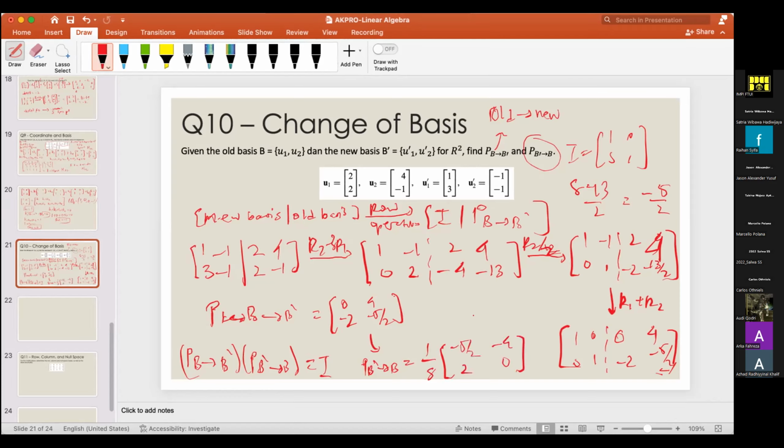This is the adjoint matrix. For 2 times 2, it's easy. We just switch the 2 times 2 cell with the 1 times 1 cell, and then multiply the 1 times 2 and the 2 times 1 cell by negative 1. So this is our inverse. Okay, moving on.